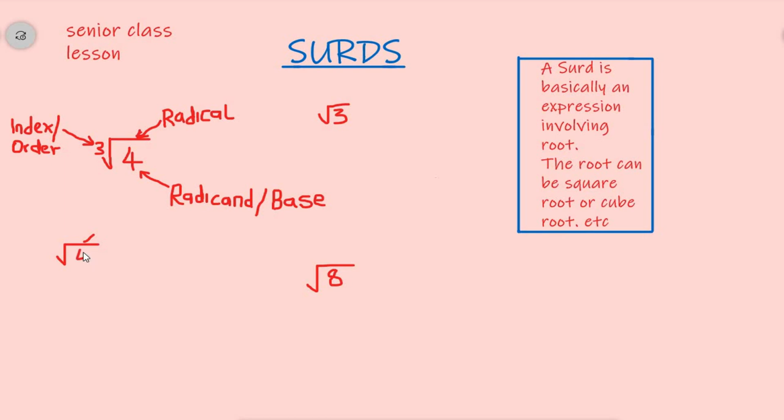This is the base of the radical, or you call it the radicand, while this one outside is the index. This is the index, or the order at which the root is given. So you call it the order, or the index.